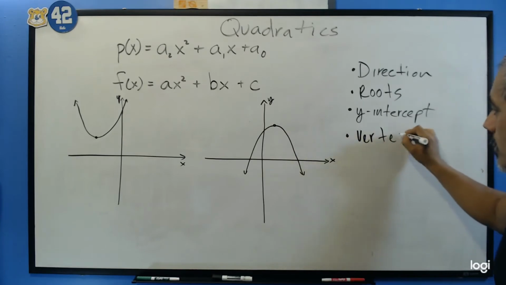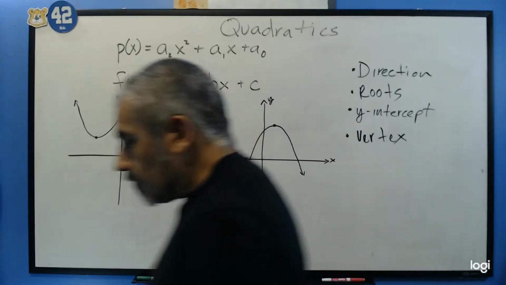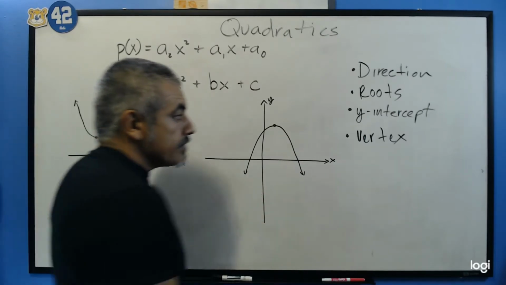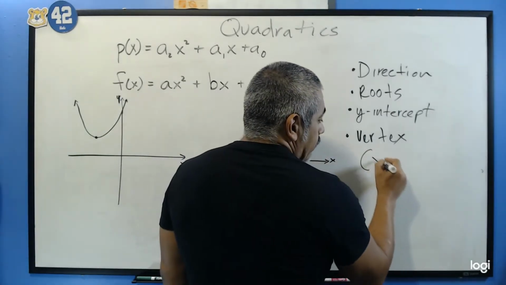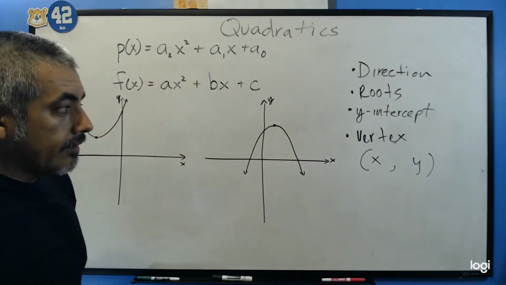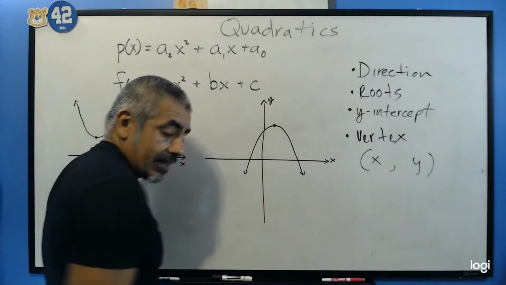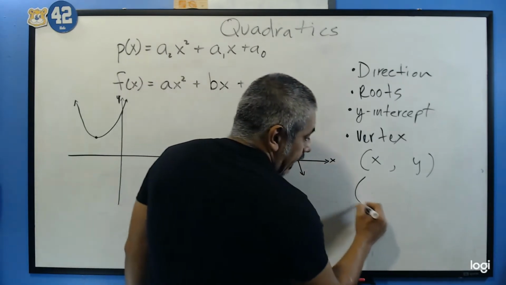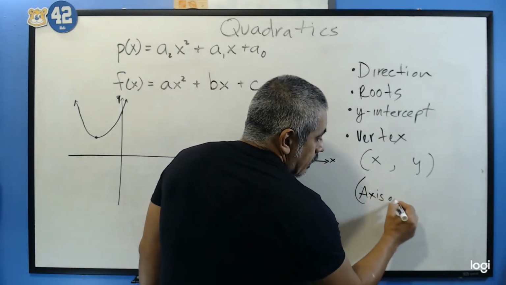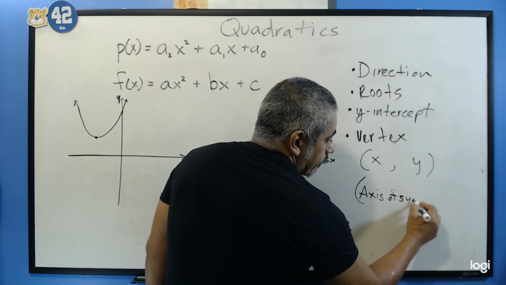Now, the vertex is composed of 2 things. Of course, we know it's going to have an x value and a y value. But the x value of the vertex is actually what we call the axis of symmetry.